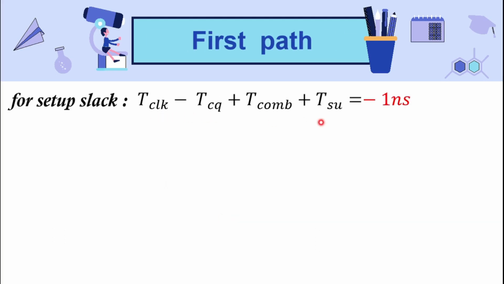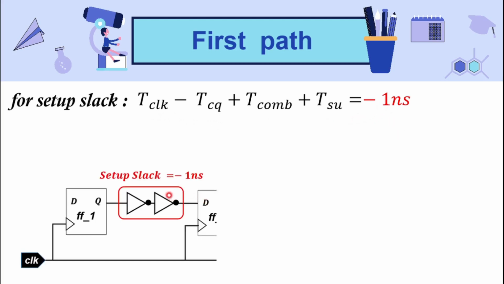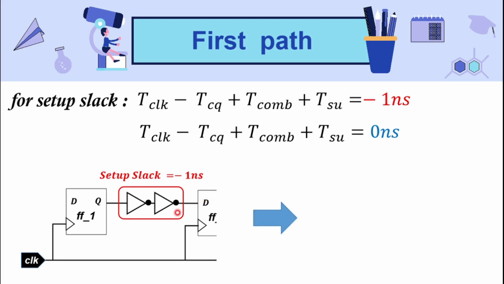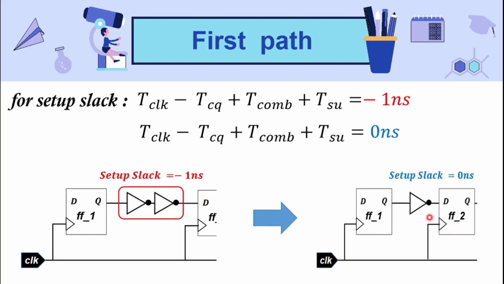For the first path, the setup slack is -1 nanosecond as it appears in the design, and we need this setup slack to equal 0 nanoseconds. As I said before, we move this inverter to the right and this flip-flop to the left, so we minimize the logical delay to get the new setup slack equal to 0 nanoseconds.